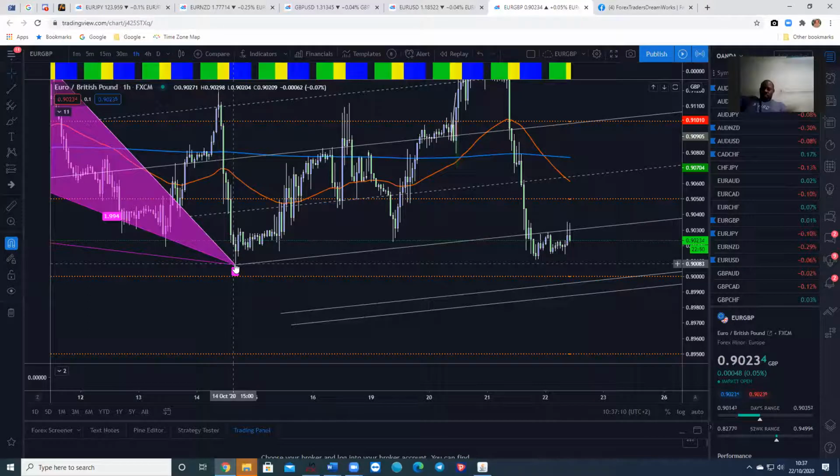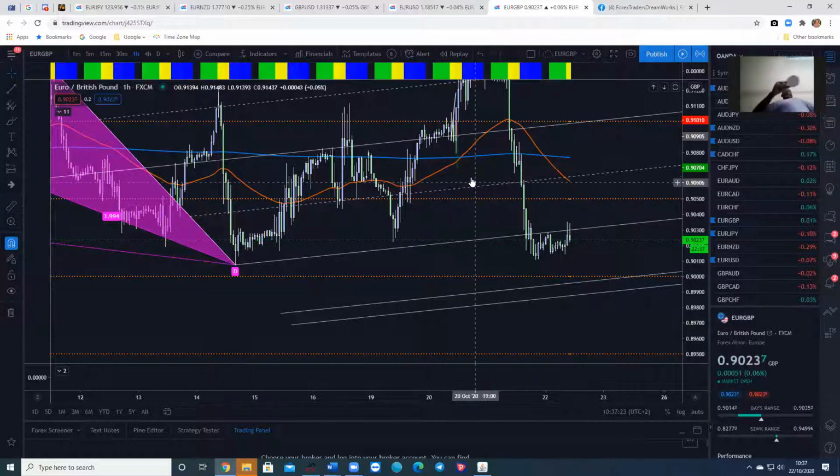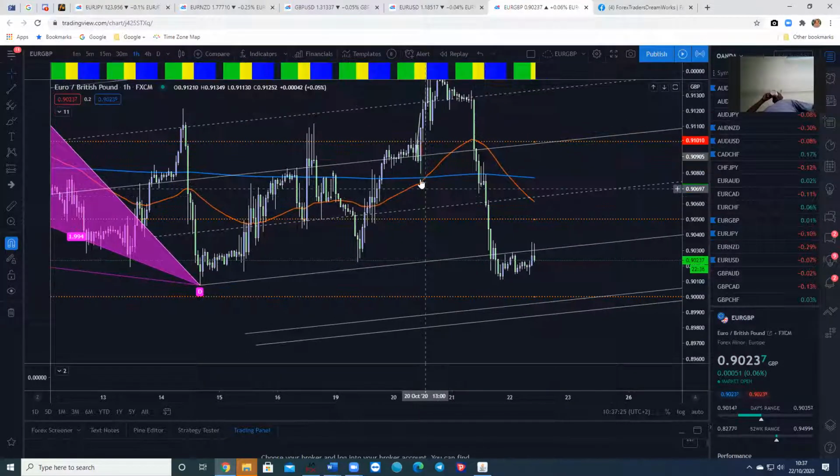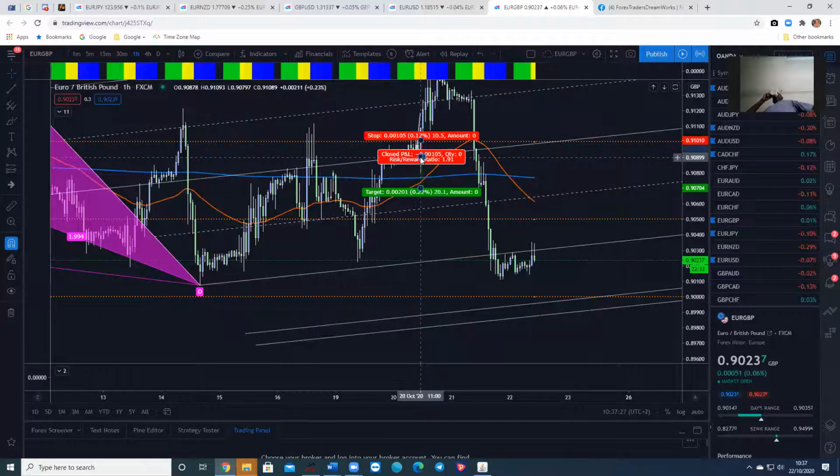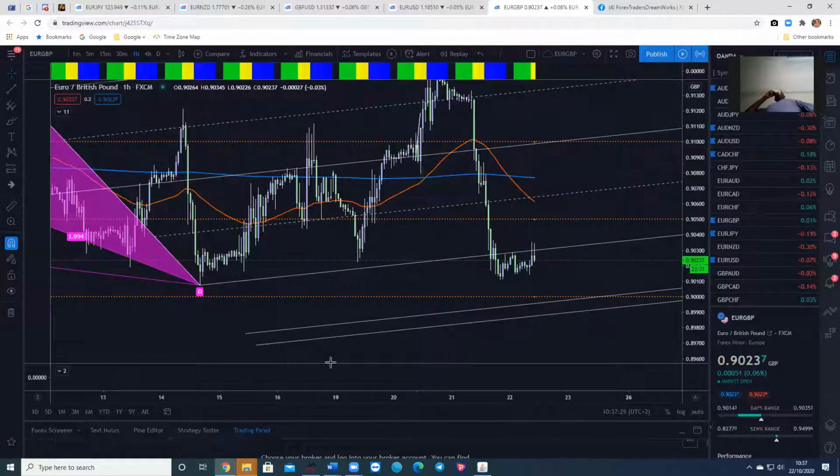You want all the euros moving up and all the GBP moving down, or vice versa. So don't be thinking, oh, I'll get in on a sell on Euro USD and a buy on Euro GBP, because it doesn't work like that. You don't want to be betting against yourself, and you will lose badly by taking that approach. You need to work out which way correlating pairs are moving and make a decision on which one you're going for and stick with the one.